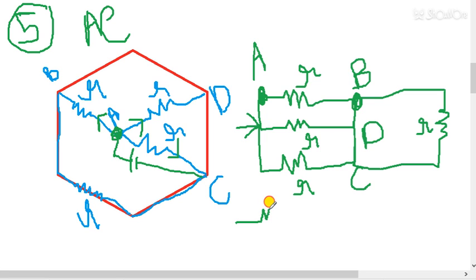This is our common point, so let's take it as C. So the resistance between point A and C will be R by 3.